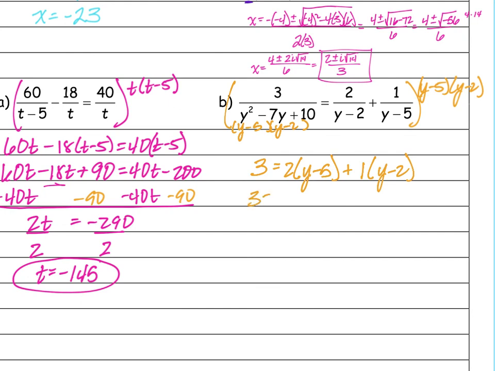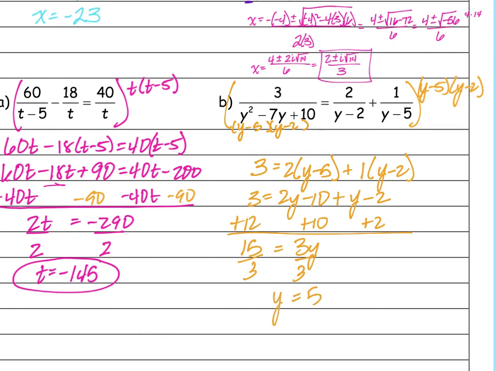Distribute. 3 equals 2y minus 10 plus y minus 2. So add 10, add 2, which is add 12 altogether. So that's 15 equals 3y. Divide by 3. Y equals 5. Questions? Good job.